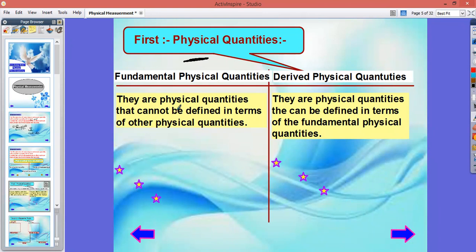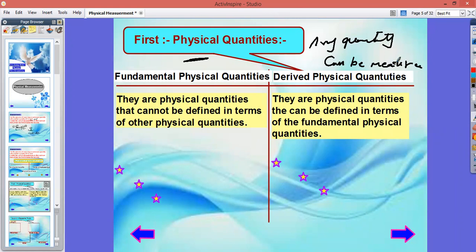Love, hate, no, it is emotion. I can't measure the love, I can't measure the hate, so it is not a physical quantity. So what is the meaning of physical quantity? It is any quantity that can be measured.